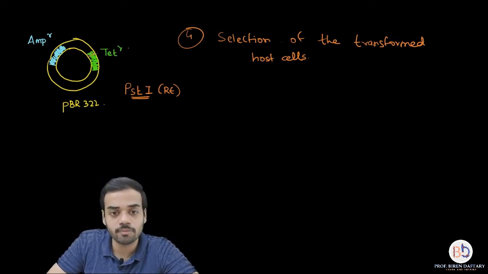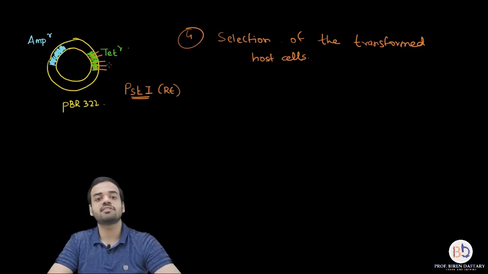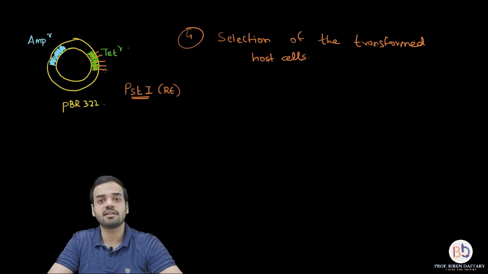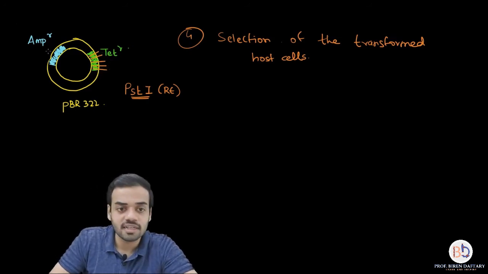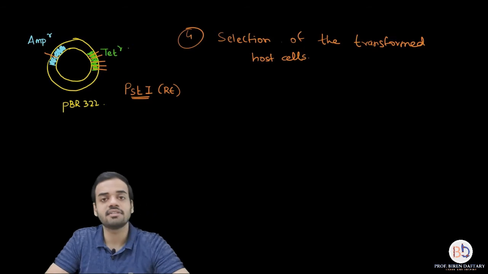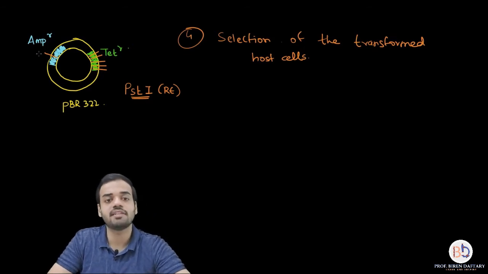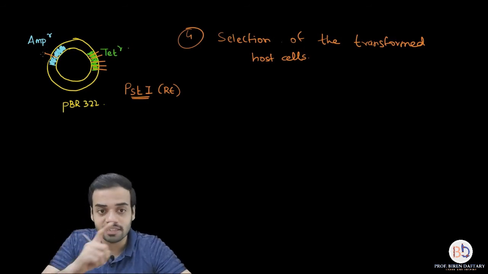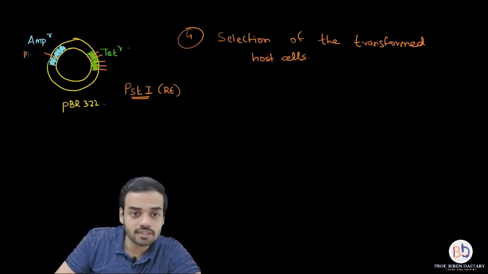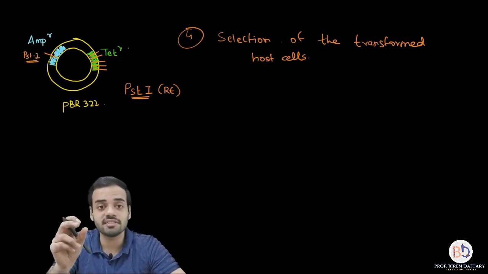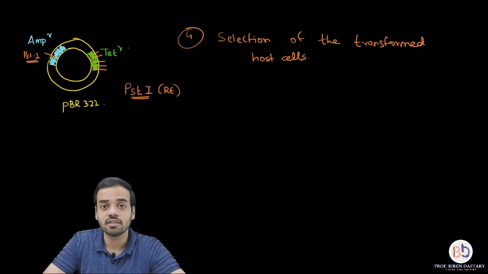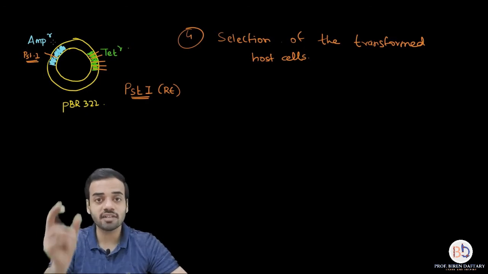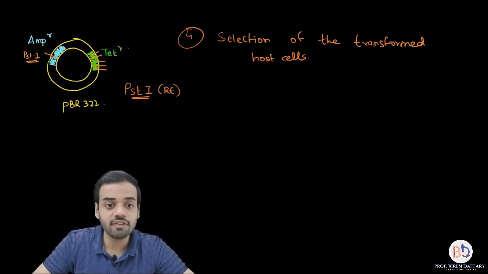These sites are basically different restriction enzymes which can cut in the tetracycline resistant gene area, and there are certain restriction enzymes which will cut the ampicillin resistant gene area. Now this PST1 restriction enzyme site is in the ampicillin region. So if the PST1 restriction enzyme is used, it will cut this area.